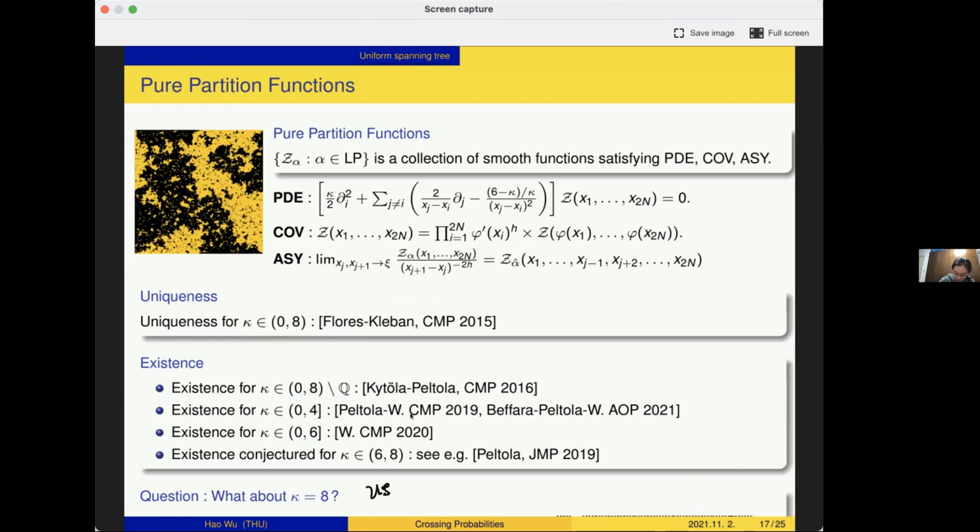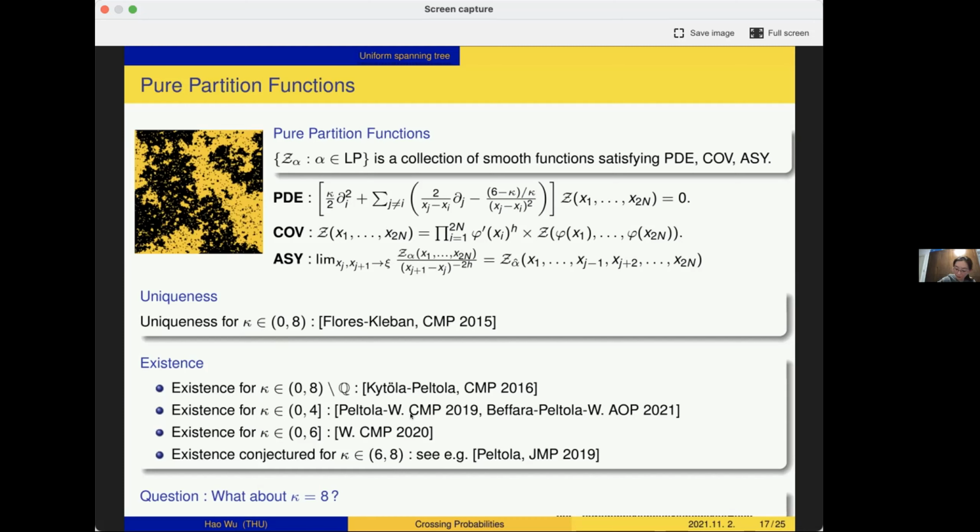In order to understand this question, what happens to kappa equals 8? The quick answer is that when kappa equals 8, we can still calculate each of the crossing probabilities in the uniform spanning tree, but the answer no longer fits the definition of the pure partition functions.